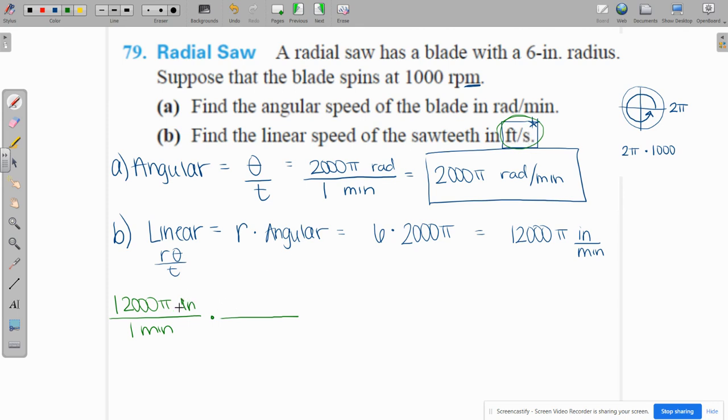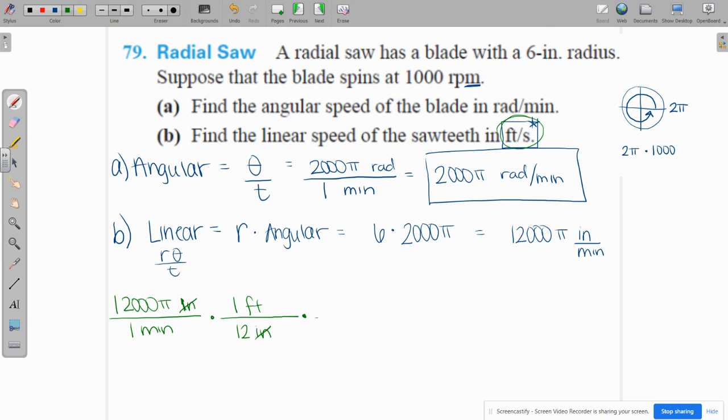So let's talk about inches and feet. I know that there are 12 inches in 1 foot. So I could either multiply by 12 inches over 1 foot or 1 foot over 12 inches. And I'm going to choose to do 1 foot over 12 inches. The reason that I'm doing that is we had inches in the numerator here. So if we have inches in the denominator, they're going to simplify, and now we would have feet per minute.